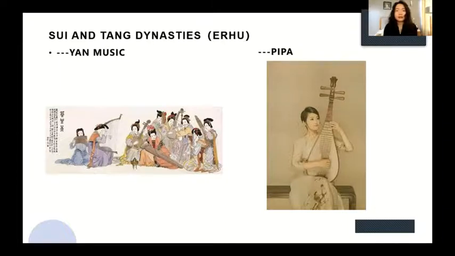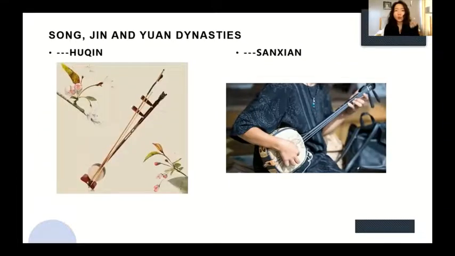Yes. Next one is Hu Qin and the Sanxian. They appeared in Song, Jin, and Yuan dynasties. You can see the shape of the Hu Qin and the Sanxian is quite long with a round container, which can play a very special sound.